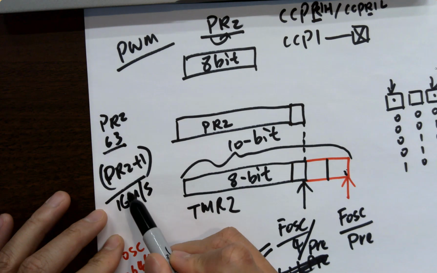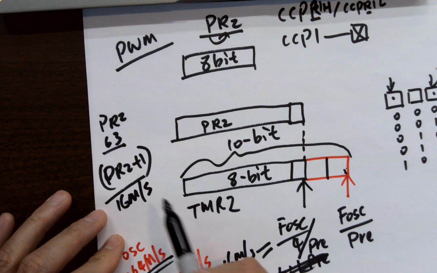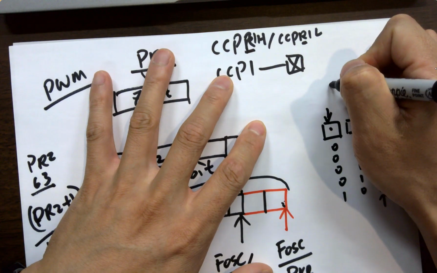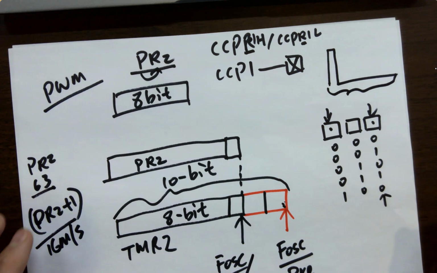What is this giving you eventually? The time, the period. What's the period of the PWM? The whole thing here, right?